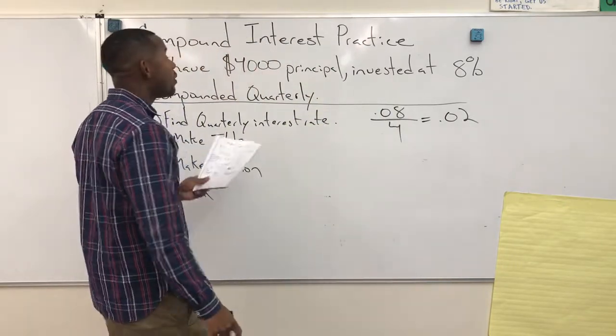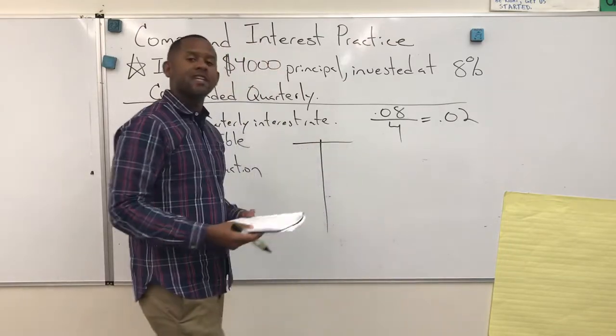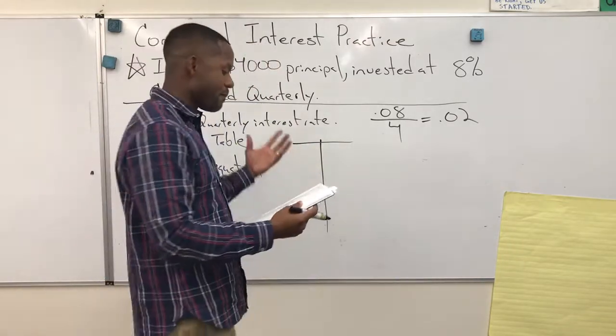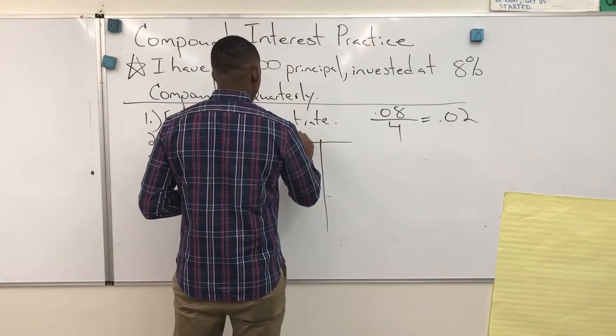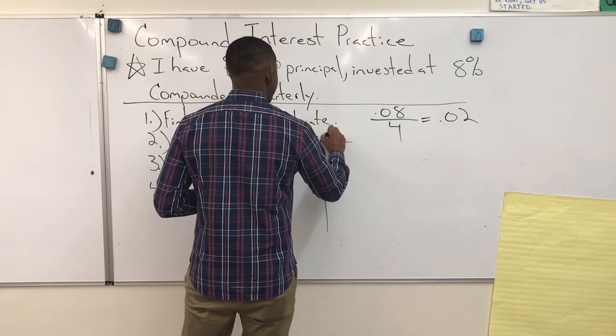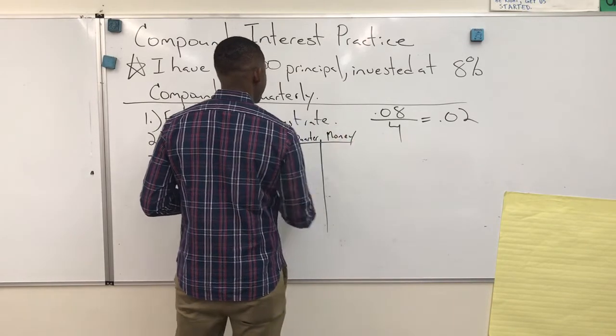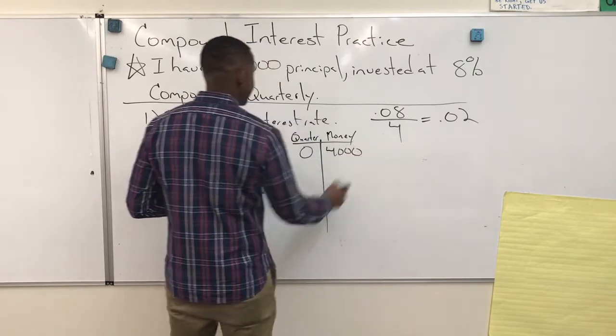All right, so now I want to make a table that goes along with this. And that's key, making sure that my table matches up to my equation. So we're talking about quarter, and we're talking about money. Quarter 0, I have $4,000, right?